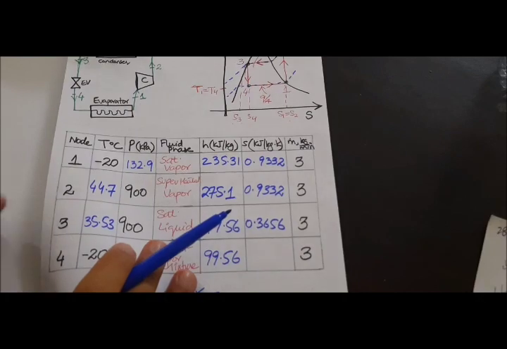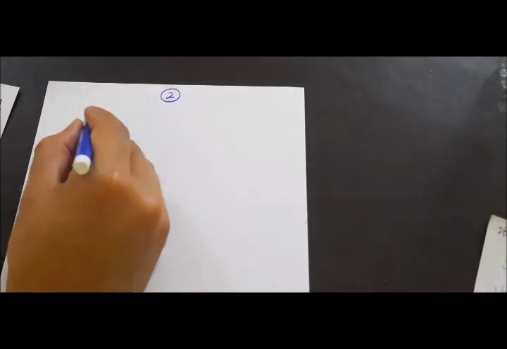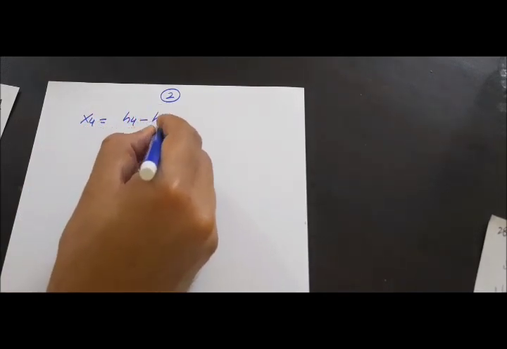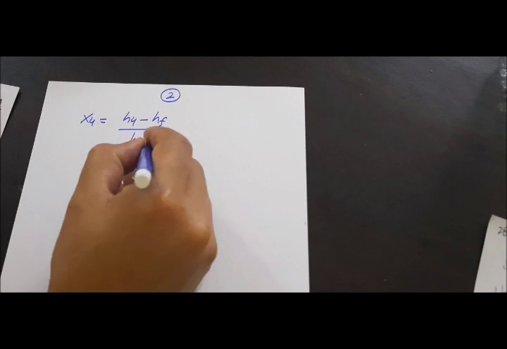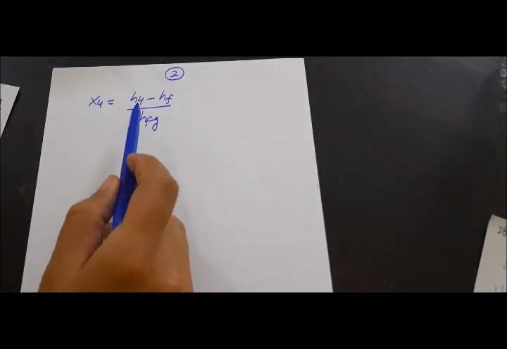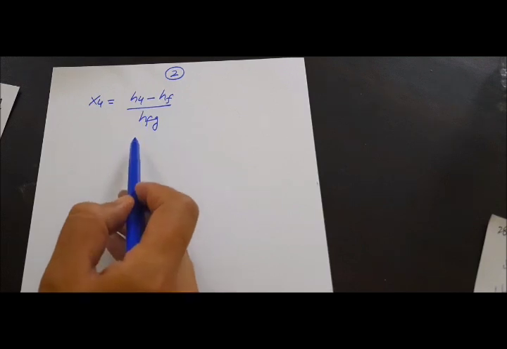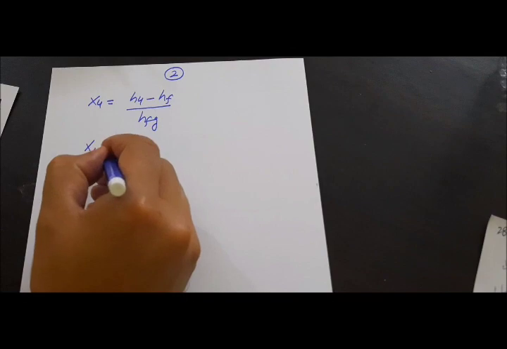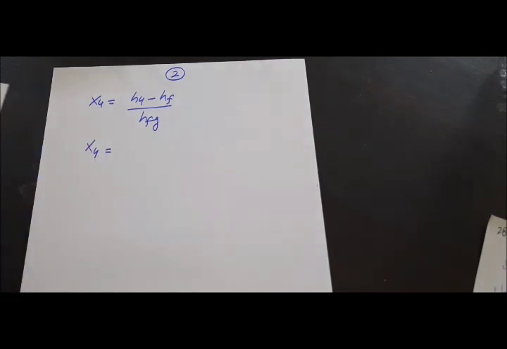So it would become X4 is equal to H4 minus HF divided by HFG, and we know that H4 is 99.56.